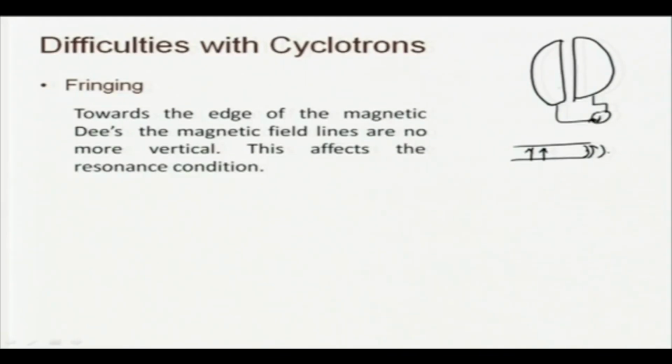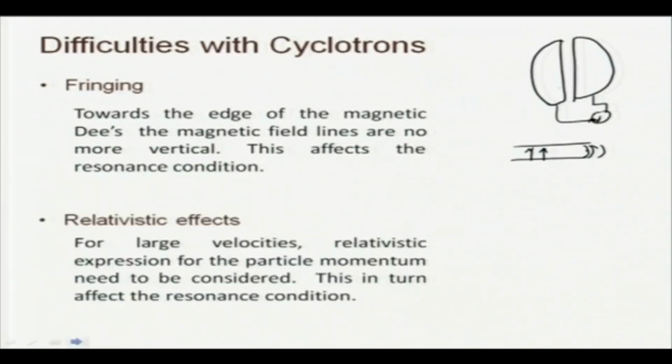The other problem is the relativistic effect that we have not considered. When we derived this resonance condition, we had used an expression for momentum which is equal to mass times the velocity of the particle.